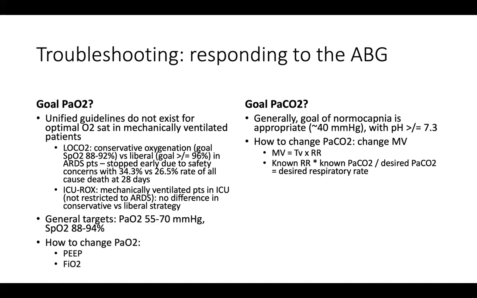And so we often will change the respiratory rate. And so I've left a formula here that can be pretty helpful where you just plug in the current respiratory rate and current CO2 on your gas and plug in the CO2 that you want on your next gas, and that will give you the respiratory rate that you should be changing on the vent.